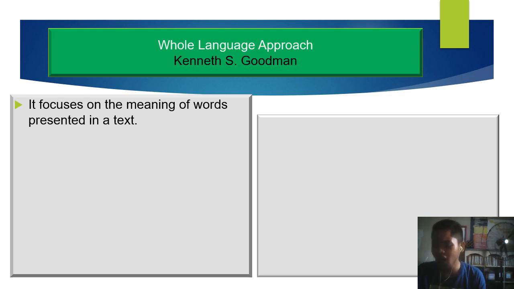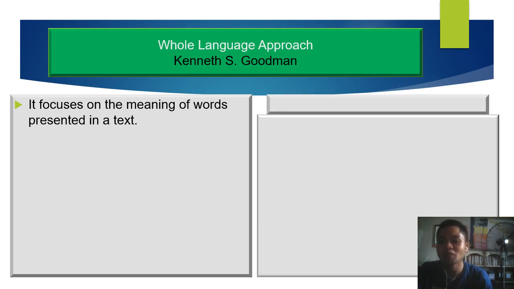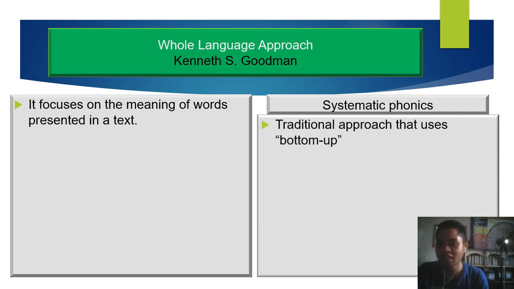Compared to the traditional approach, which, as I have said, uses systematic phonics, it also exposes children to literature and gives them confidence as readers and writers. Students are taught to use critical thinking strategies, and teachers believe that phonics instruction should be integrated into meaningful reading, writing, listening, and speaking activities.